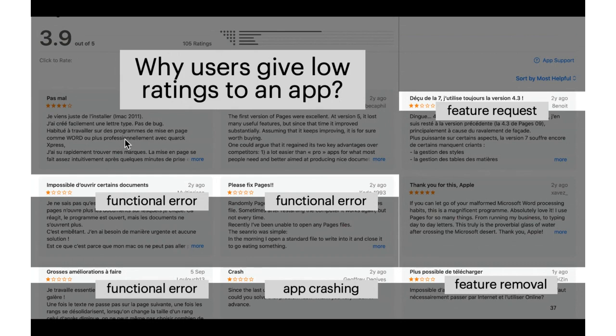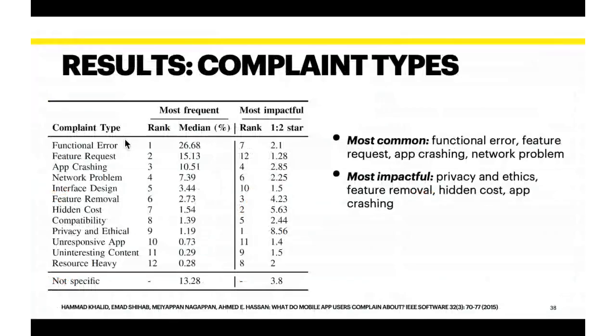If you look at the formal results, you see here most frequent results and most impactful ones. The most frequent problems were related indeed to functional errors, which are essentially bugs, requests on new functionality, crashes, network problems, and so on and so forth.